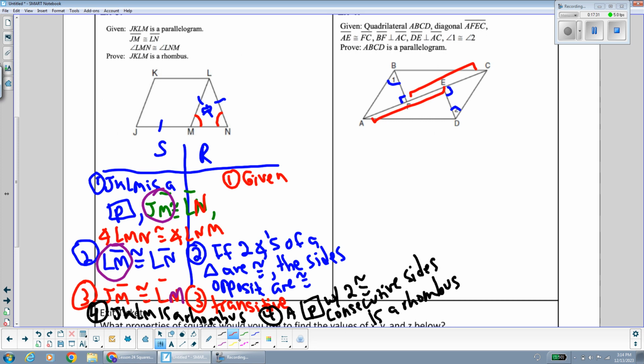And our goal here is to prove that we have a parallelogram. Well, in these two triangles, ABF and CDE, I already have angle 1 and angle 2. That's a pair of congruent angles. And I also already have the two right angles. So that's another pair of congruent angles. And I have information about side AE and side FC. But those are longer than the sides of the triangle that I'm actually interested in.